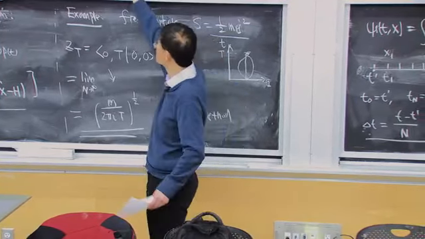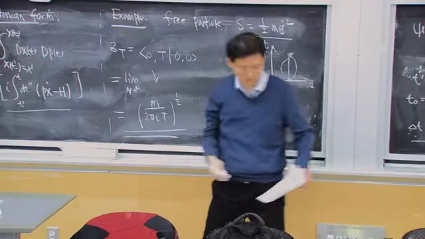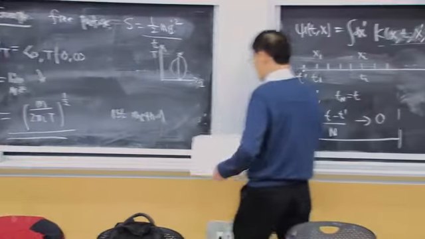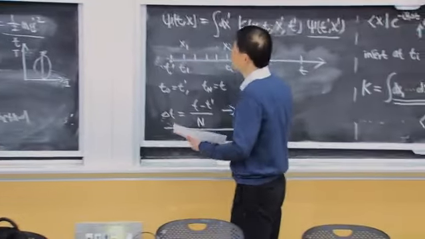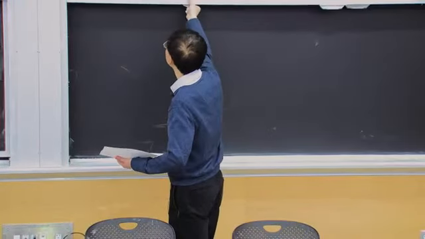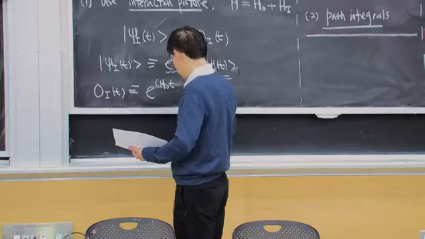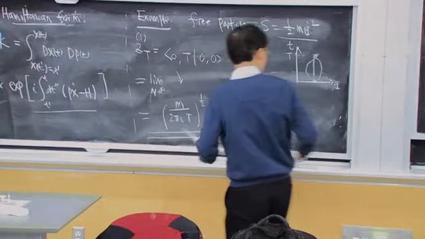You just do the honest integral. Okay, do the honest integral. So the second method, call this 1, so the first method.